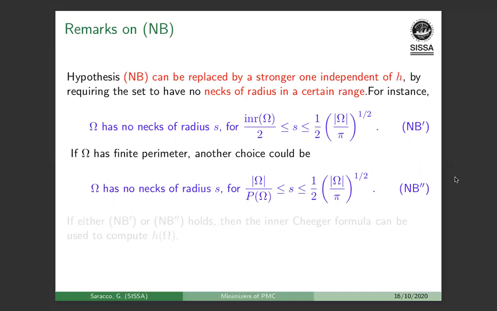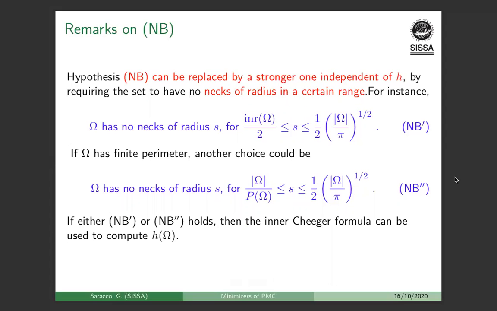And once you have a range of values where h must fall, you get a range of values for radii. And if your set satisfies the condition for radii in that range, then you can actually solve the equation and then use the recipe to figure out who your maximal minimizer is.